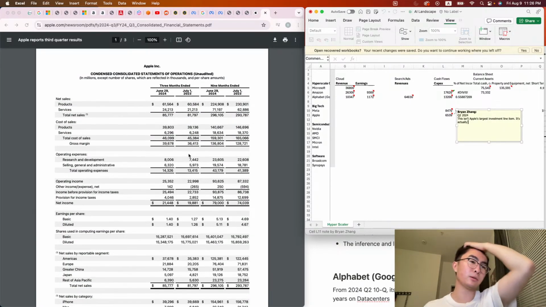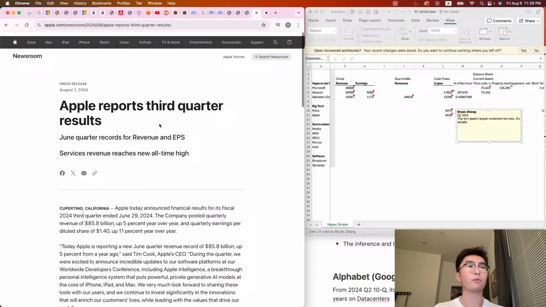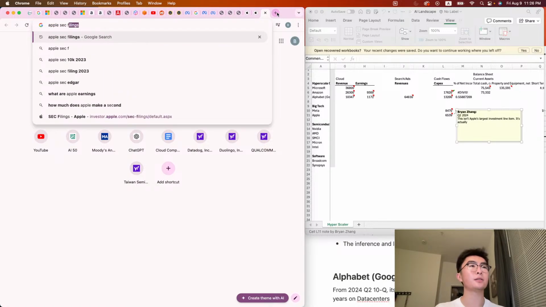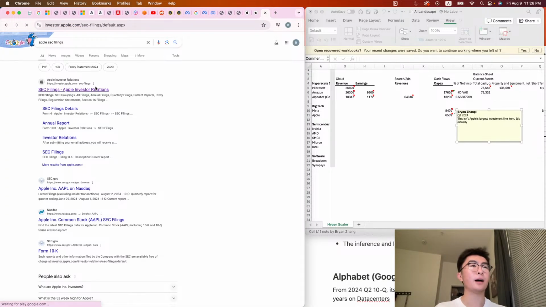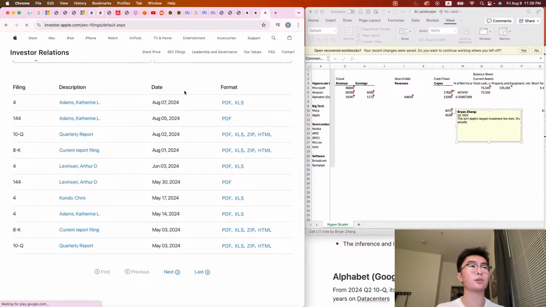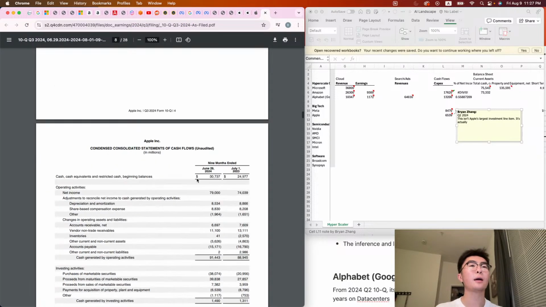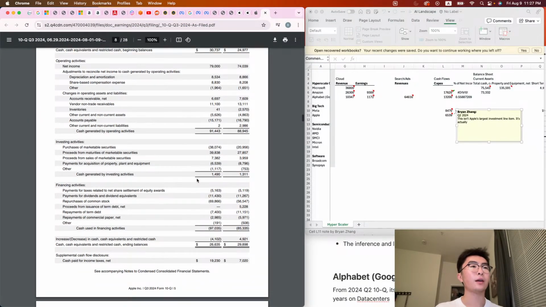Yeah, it's not an apples to apples comparison. I wonder if there is a 3 month. Apple SEC filings. I want to see if there's a 3 month so it can be more of an apples to apples comparison.